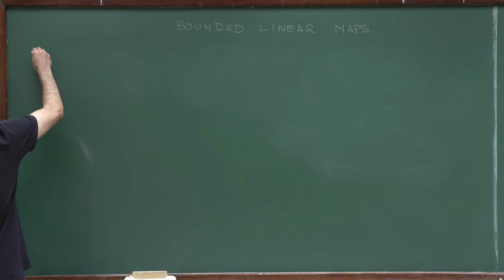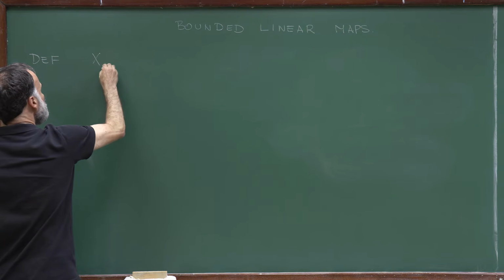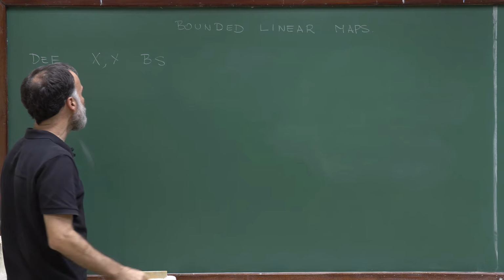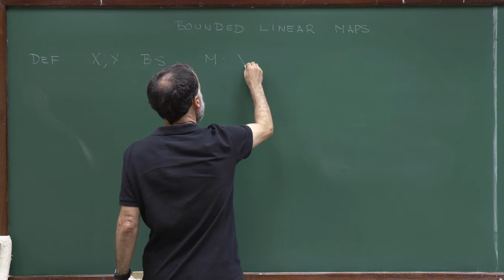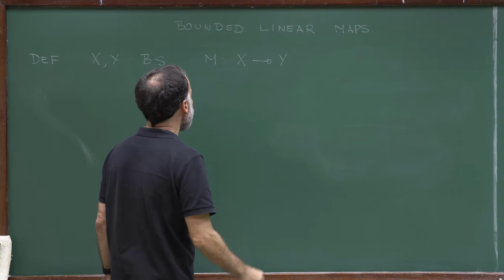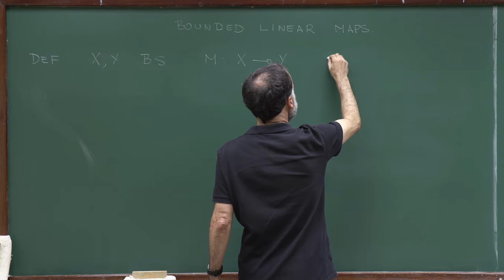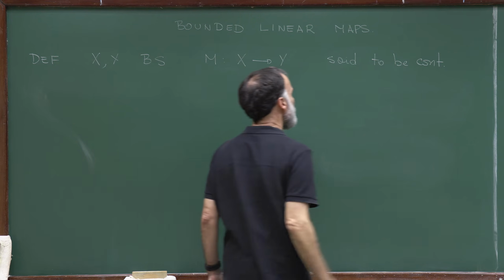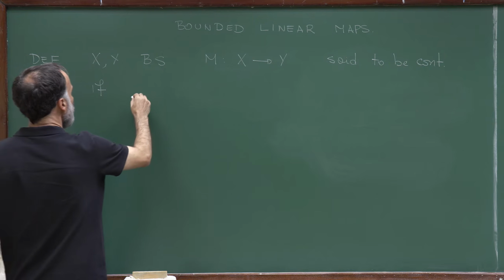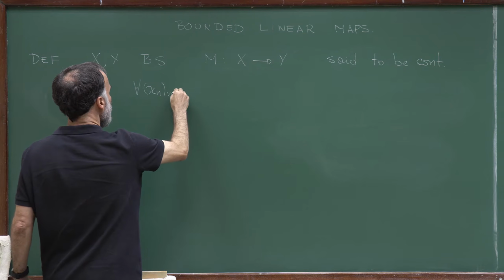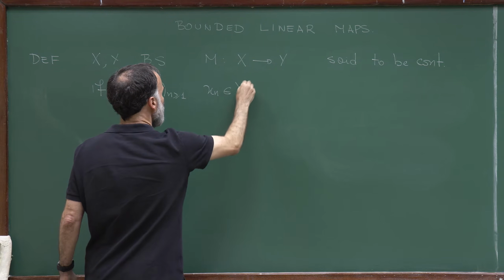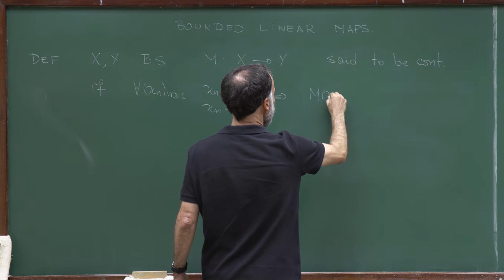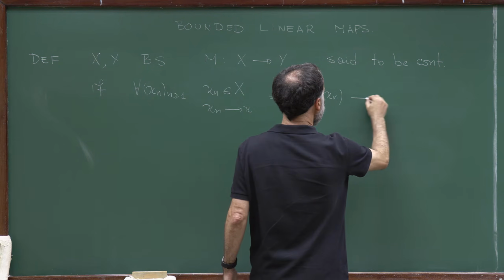So now if I have two Banach spaces X, Y, on the same scalar field K, and that will never be mentioned again, and I have a linear map from X to Y, this linear map will be said to be continuous if for all sequences xn in X, xn converging to some x, this implies that M of xn, which is a sequence in Y, converges to M of x.